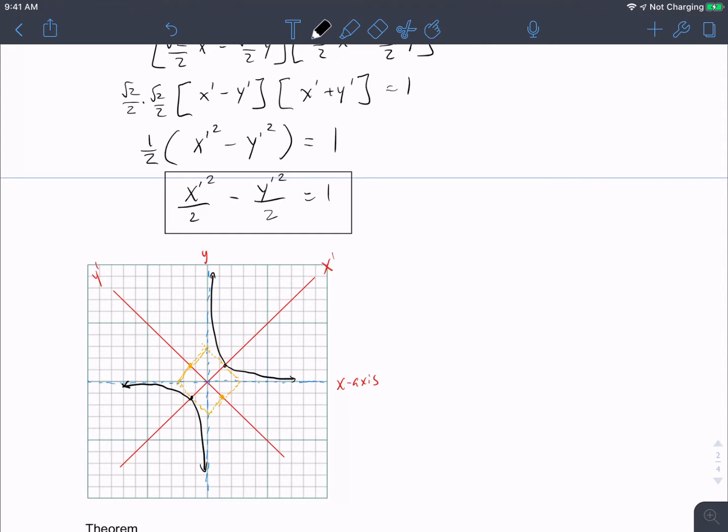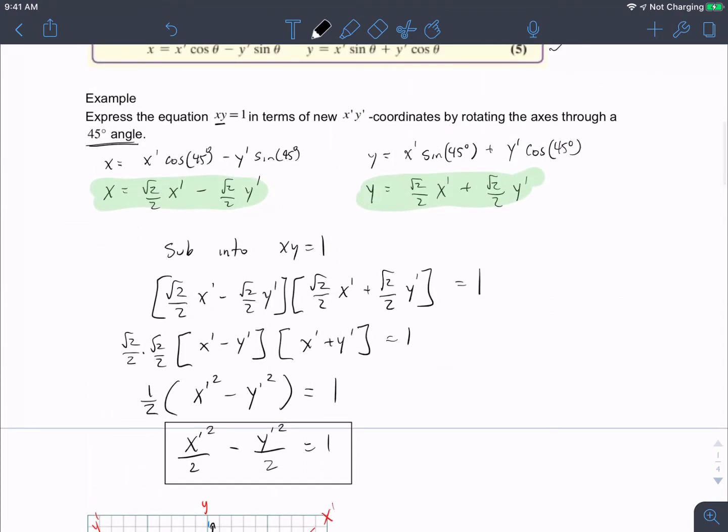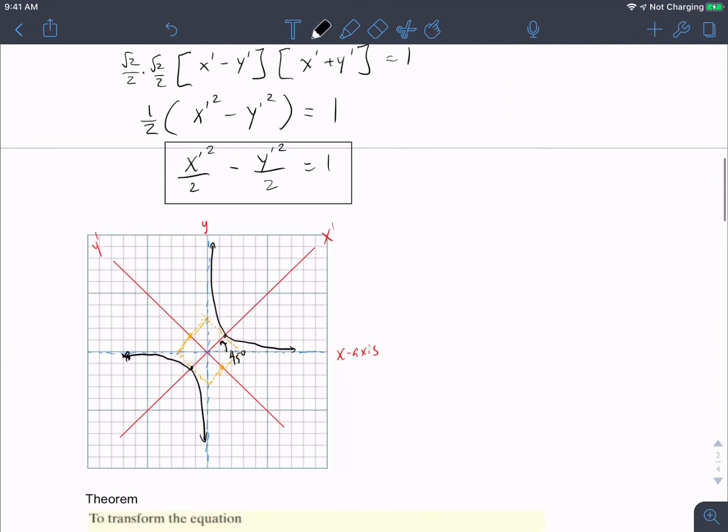And it's just really building on what we've done in the past, but we have to realize that we rotated again. This angle was rotated by 45 degrees, and that was given from right here, rotating the axes by that 45 degrees. Interesting, right?